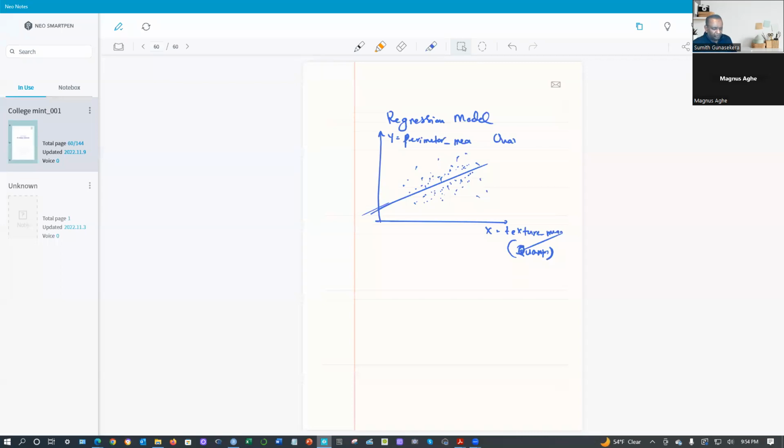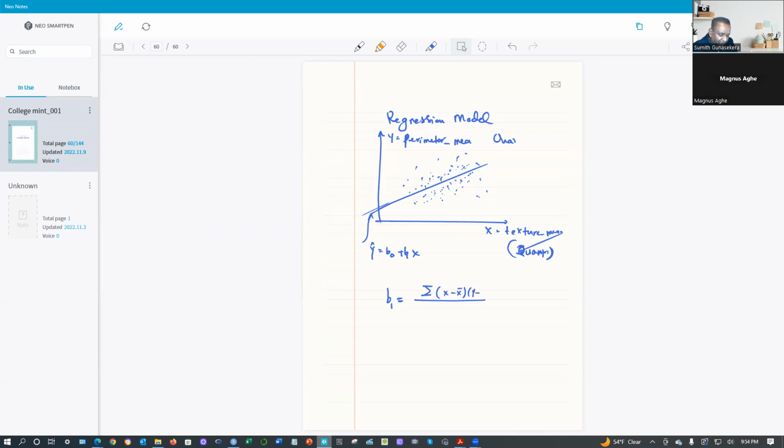The slope, I'm talking about the equation y hat equals b naught plus b1 x. You know that. So the b1 is how they have evaluated it. That's nothing but the summation of x minus x bar times y minus y bar.